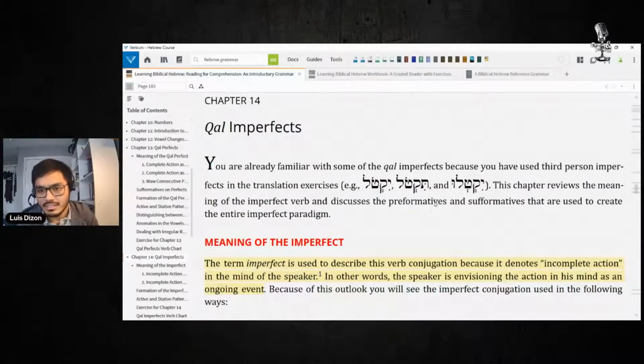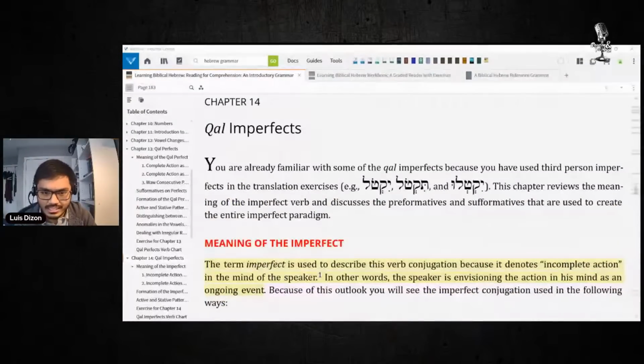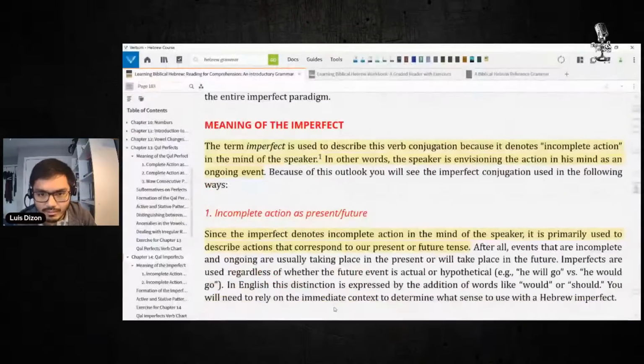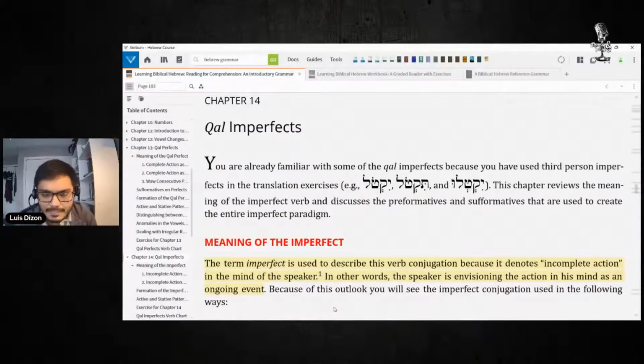You may have noticed that Hebrew verbs don't really operate on tenses the same way English does. This is a little bit of a linguistics thing that not many people are aware of. Some languages have verbs that are tense based. In other languages, their verbs are aspect based.